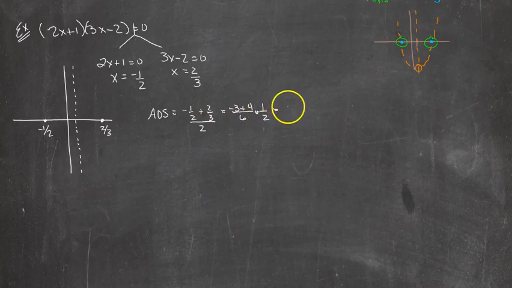So negative 3 plus 4 is 1 times 1 is 1, and 6 times 2 is 12. So at exactly 1/12, just this side of the y-axis is where my vertex is. X equals 1/12.